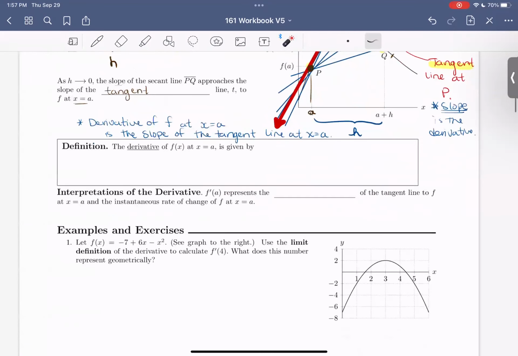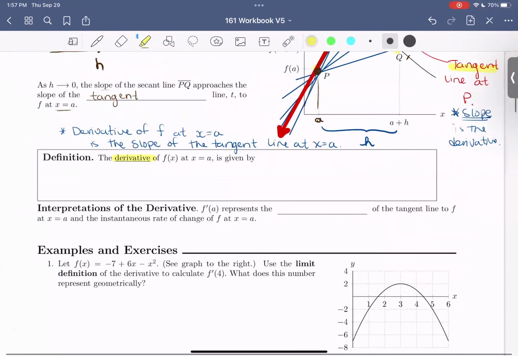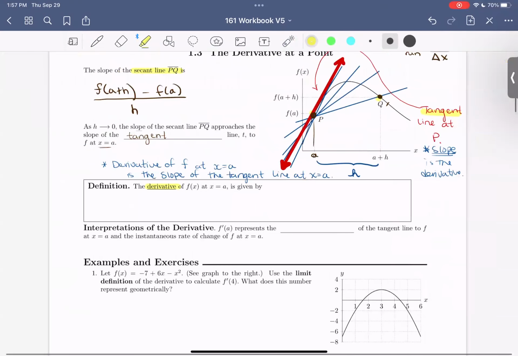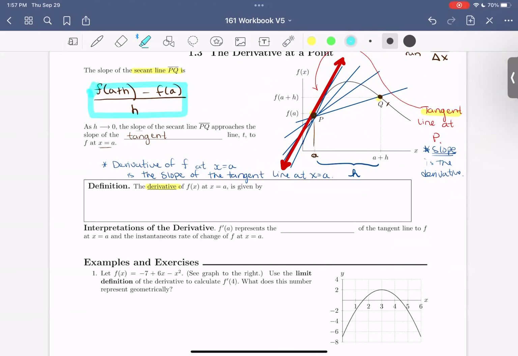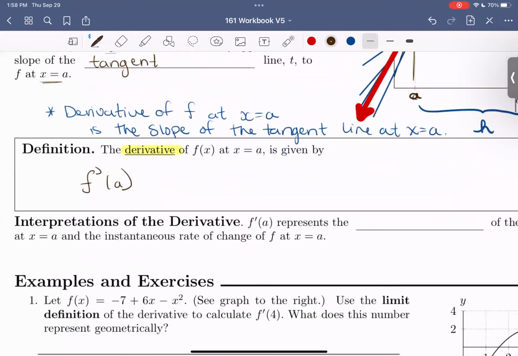All right, so now let's look at that definition a bit more formally and write out a formula for how we might compute it. Because the derivative is the slope of that tangent line, and we saw that the slope of the secant lines is given by this formula up here, the slope of those secant lines becomes the slope of the tangent line as h goes to 0. Mathematically, with notation, we have f prime of a, that's the notation for the derivative of f at a.